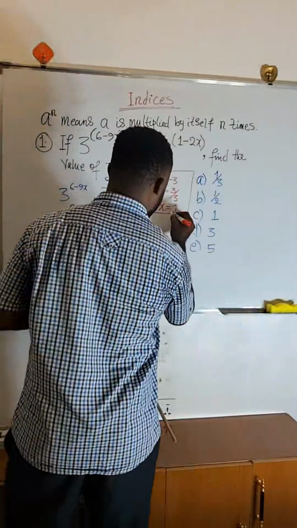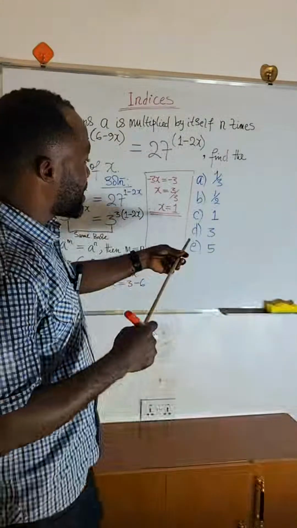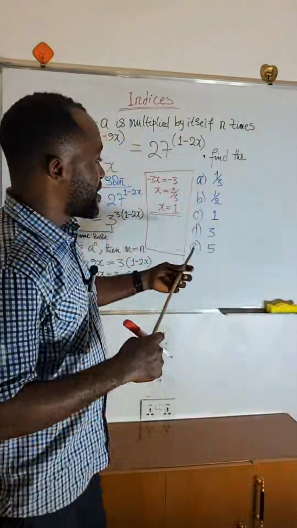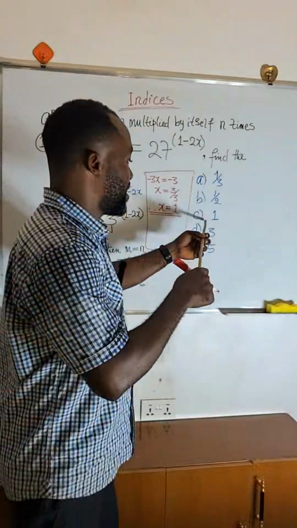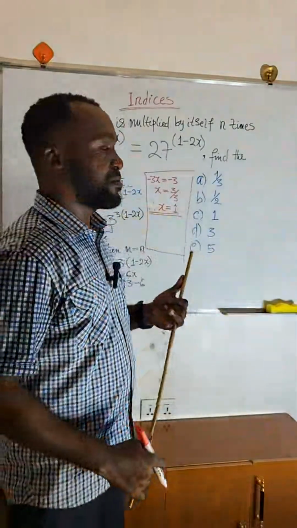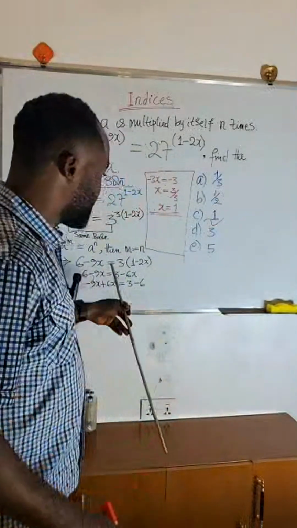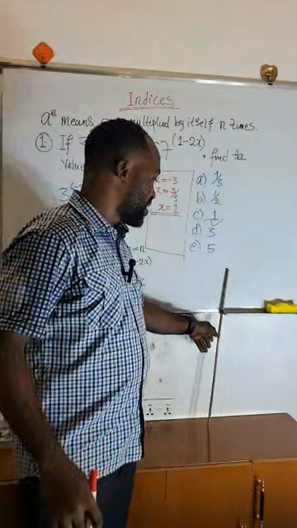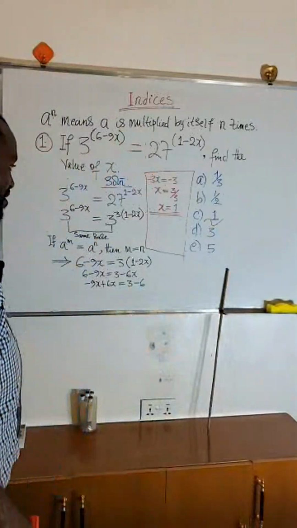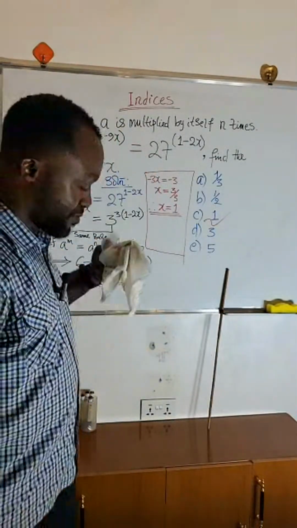This is the answer. So from the options, option C is the right option. As simple as that. Option C becomes the right option to that singular problem.